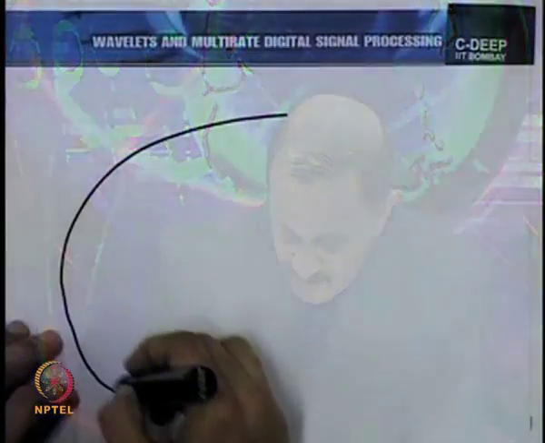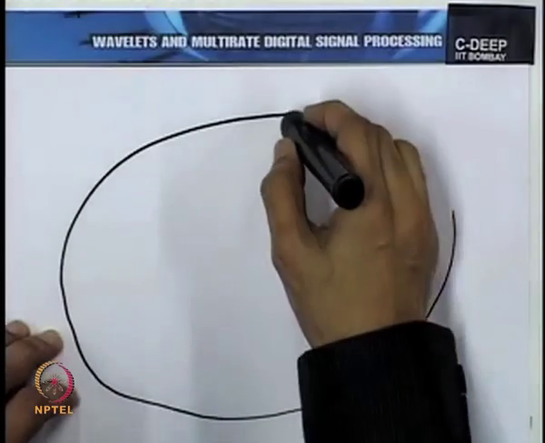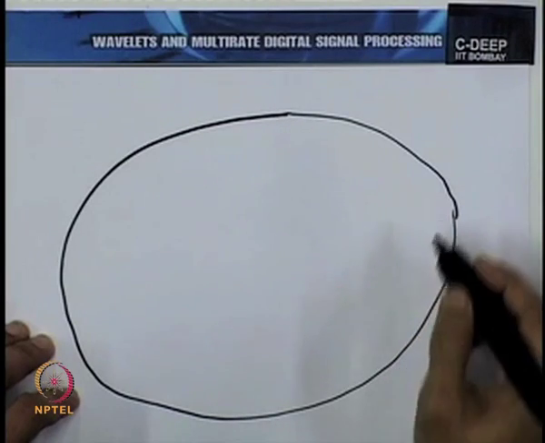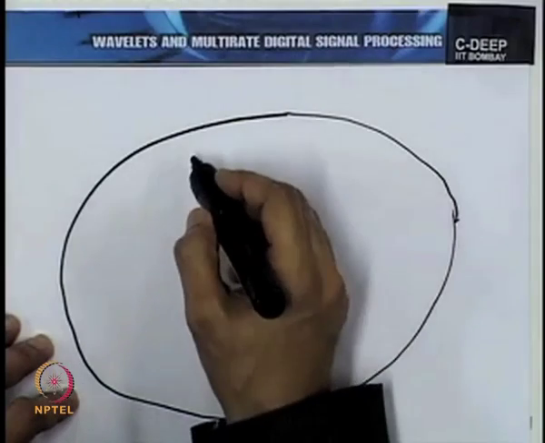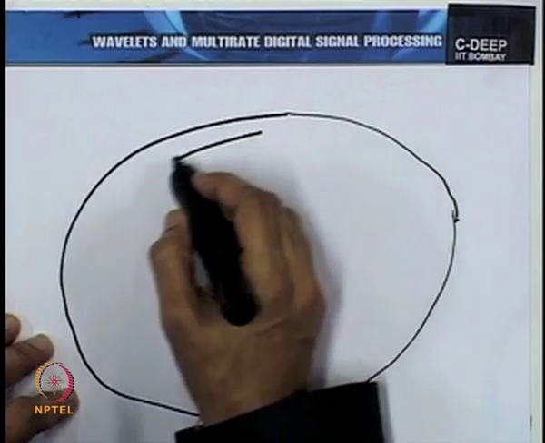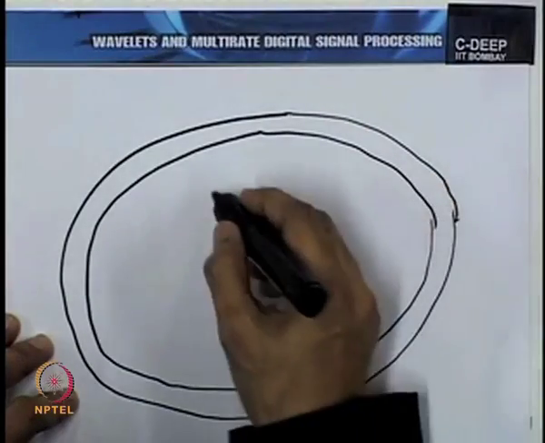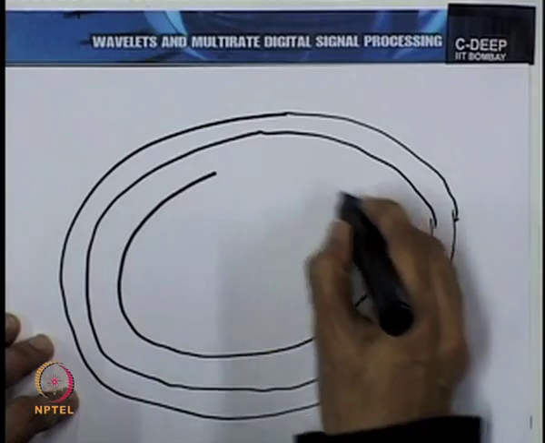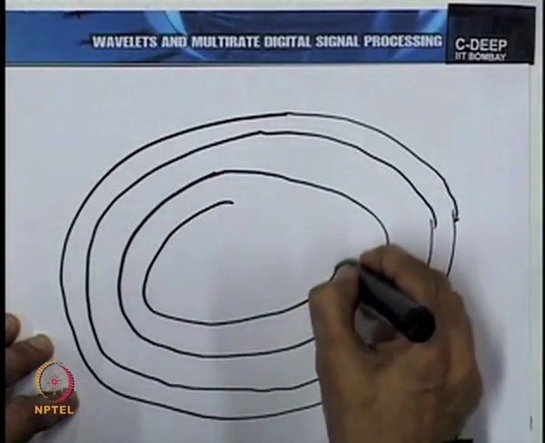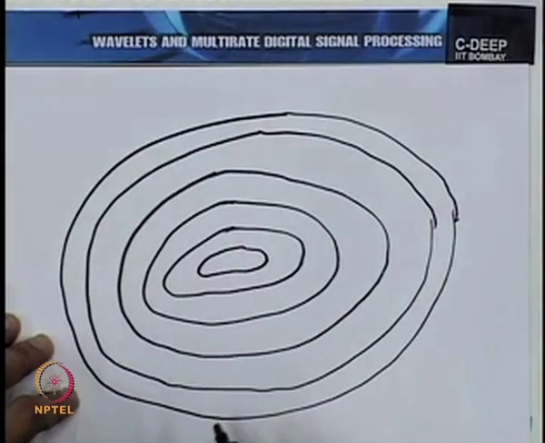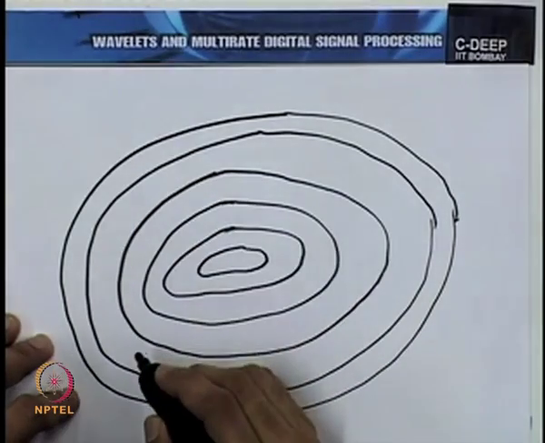So, this is a very common analogy. You know, if you think of the maximum information maybe as a cabbage or as an onion informally, and if you visualize the shells of this cabbage or this onion like this, then the job of the wavelet is to take out a particular shell.